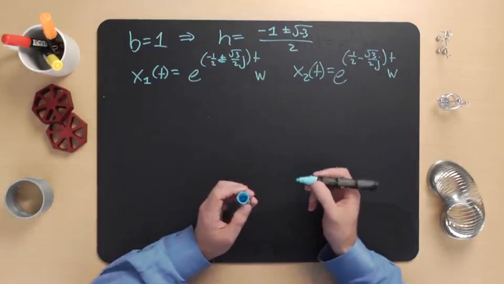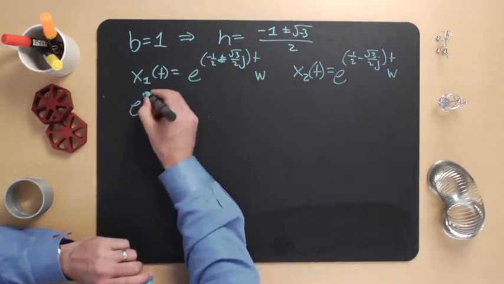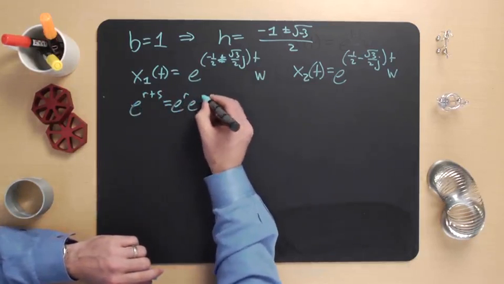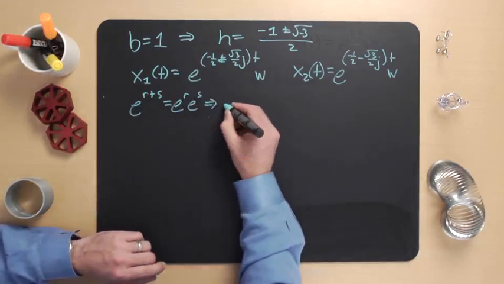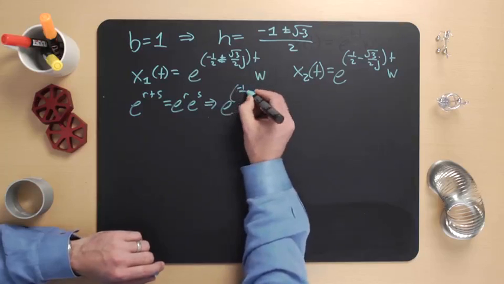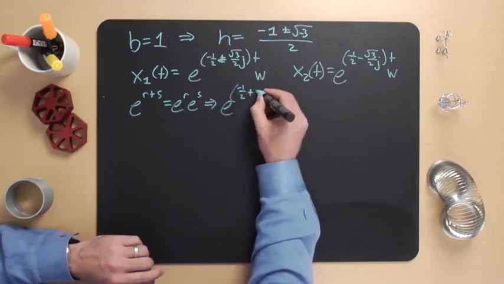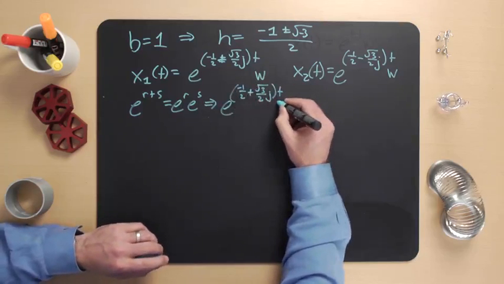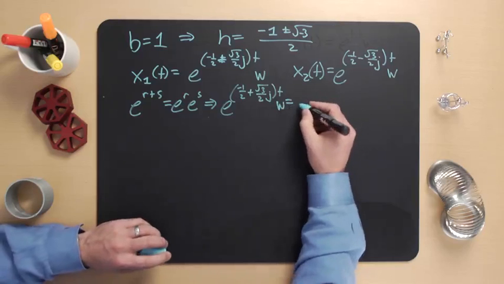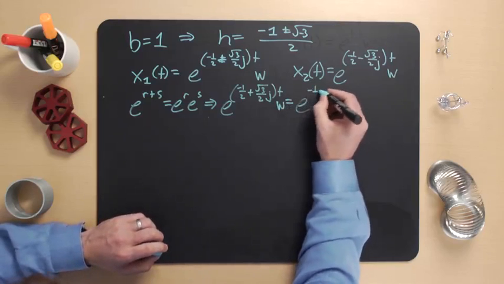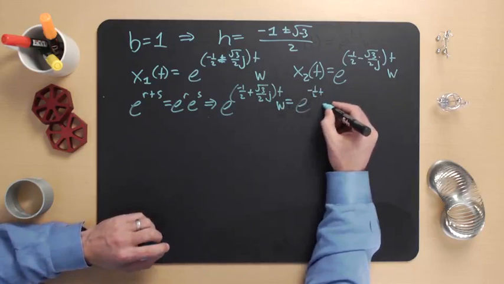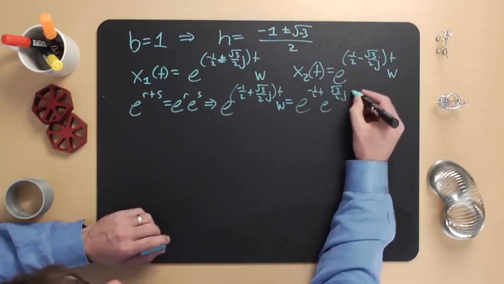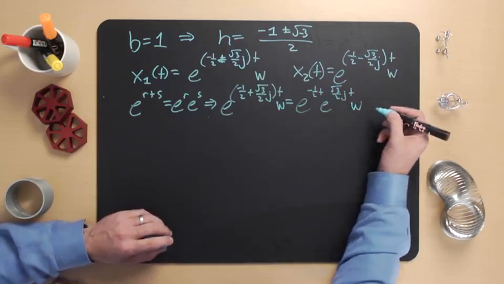Now remember from calculus that e to the r plus s is equal to e to the r, e to the s. And what this implies is e to the minus 1/2 plus the square root of 3 over 2 j times t, all times w, is equal to e to the minus 1/2 t times e to the square root of 3 over 2 j times t, all times w.